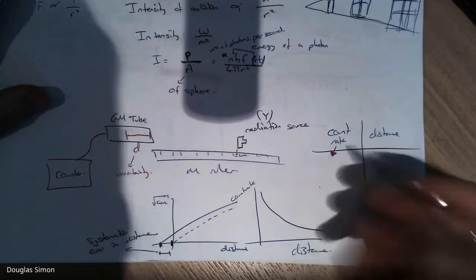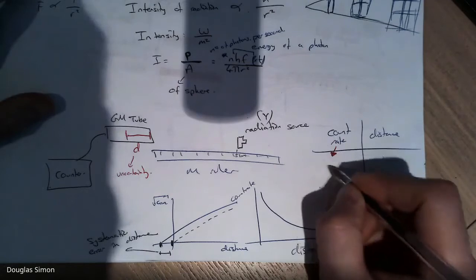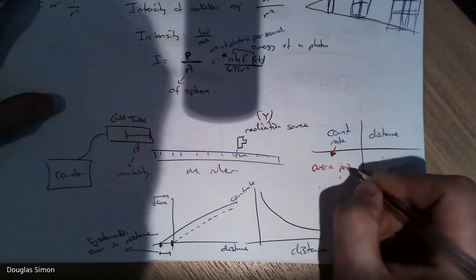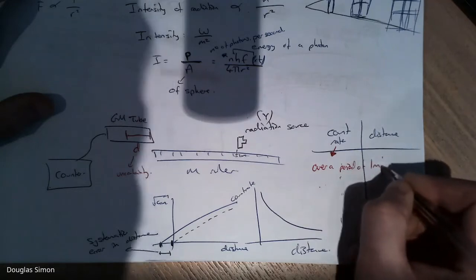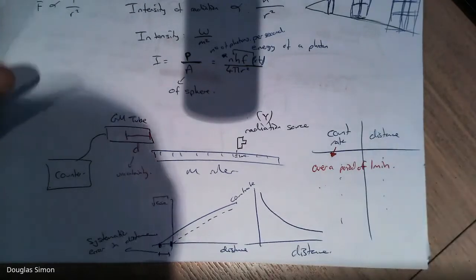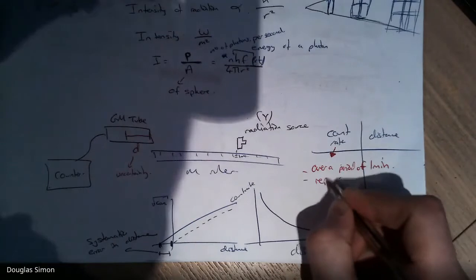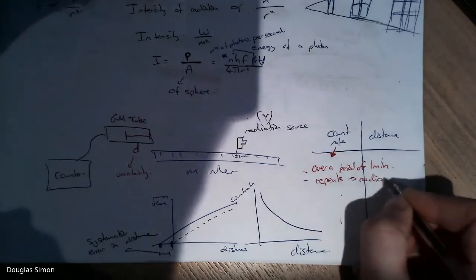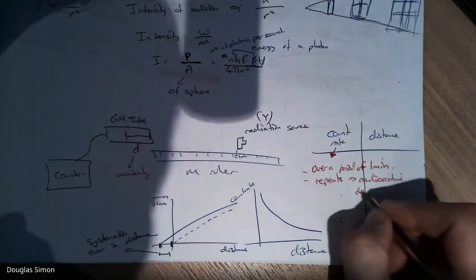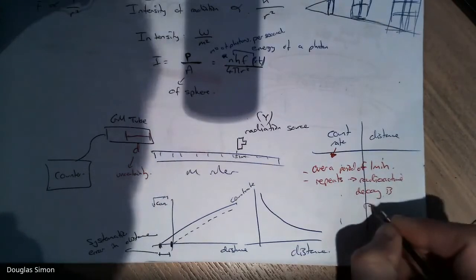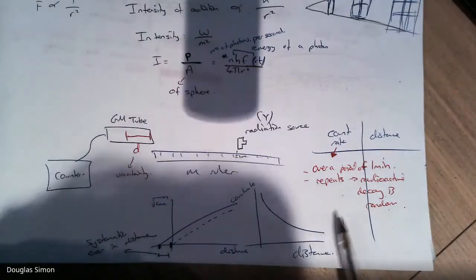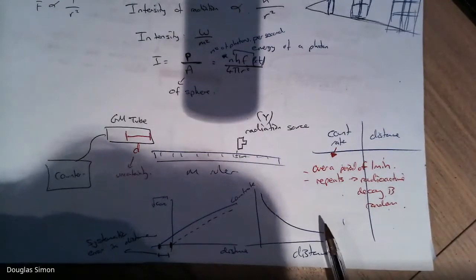So we would count, say, over a period of 1 minute, for example, and then repeats are really important because radioactive decay is random. So you can do this a million times and you might never get the same count if the count's high.